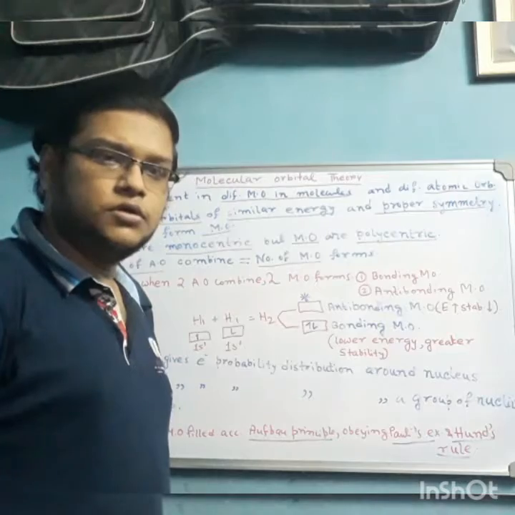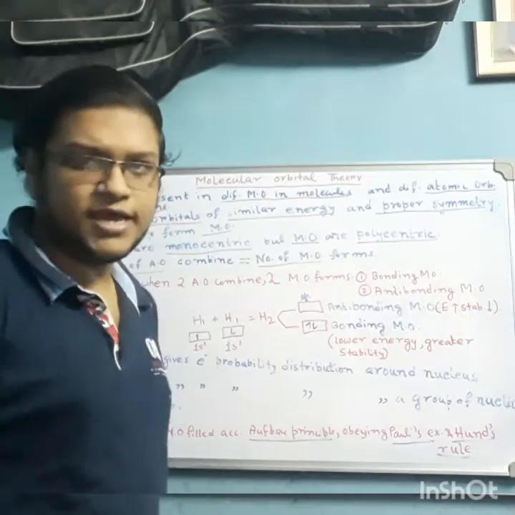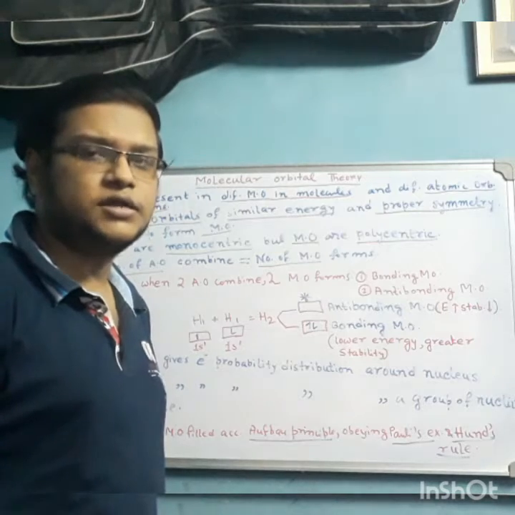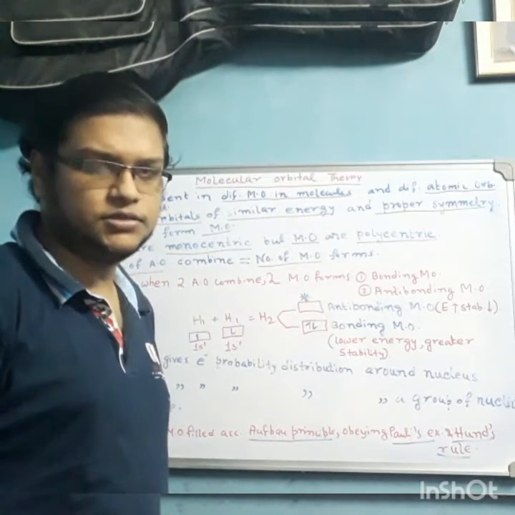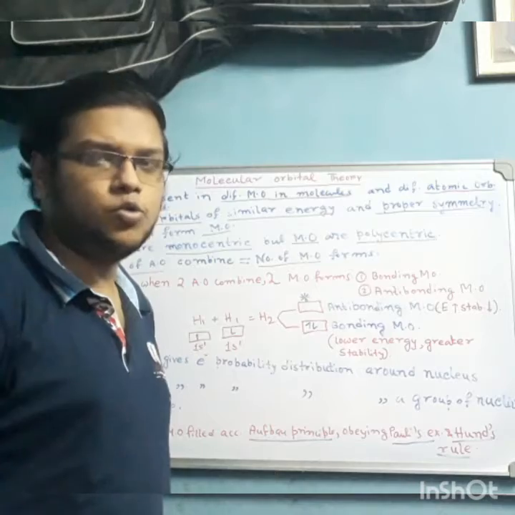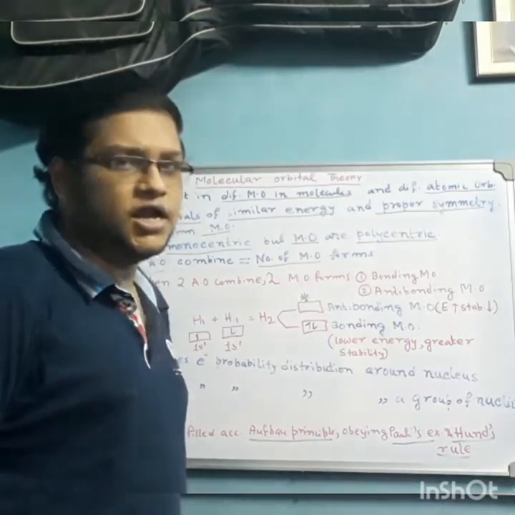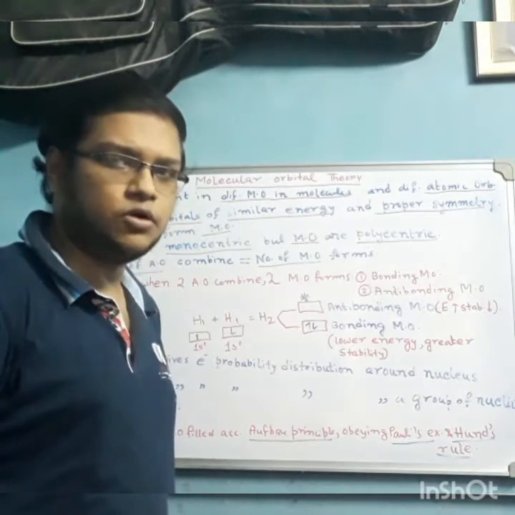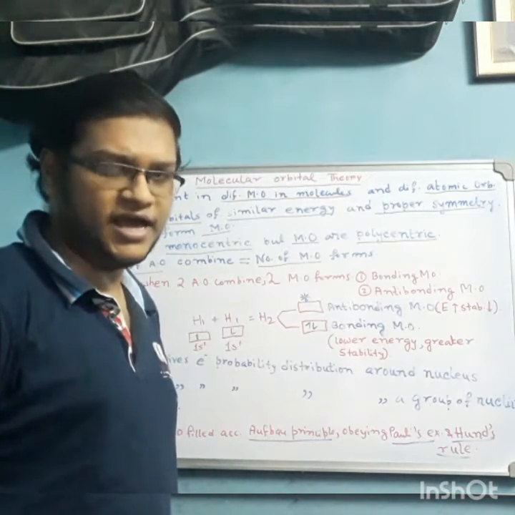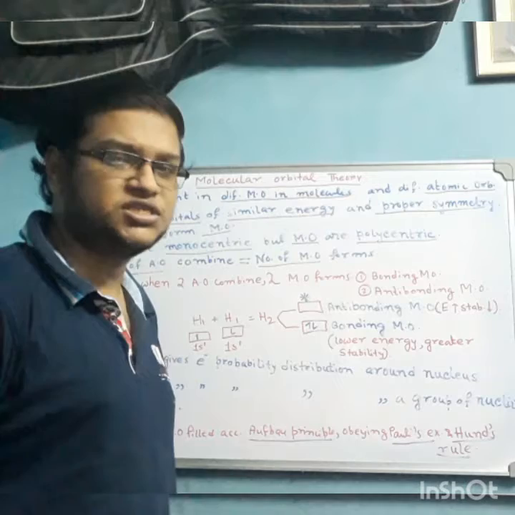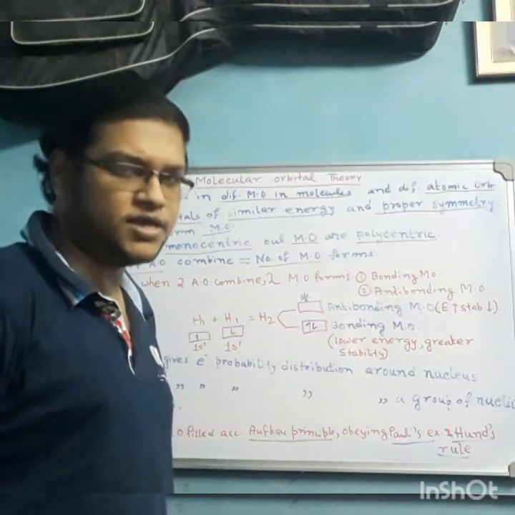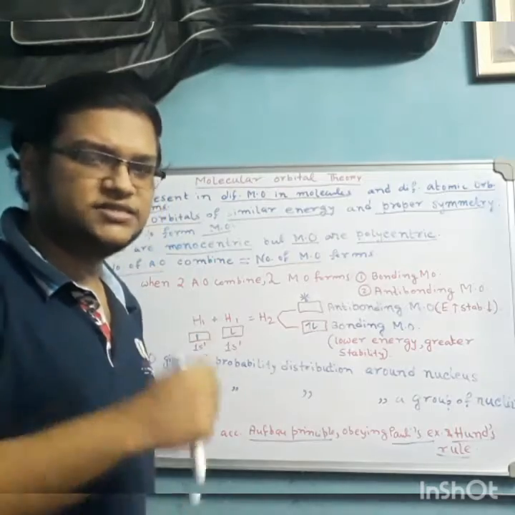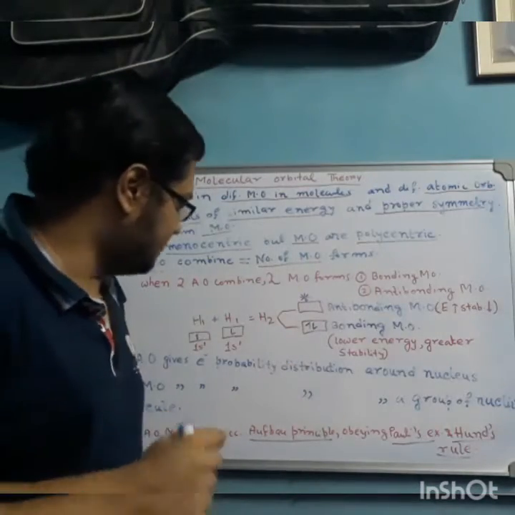From the start until today we have understood that there are different atomic orbitals, but in this theory we are taking a new concept, molecular orbital, and we will discuss it. As this theory is based on the concept of molecular orbital, that's why it is known as molecular orbital theory. Let us take an example.